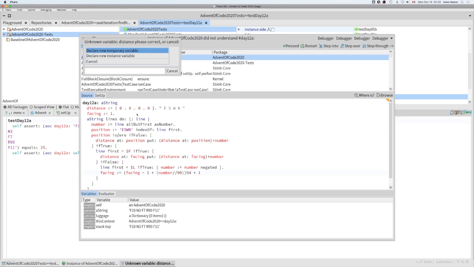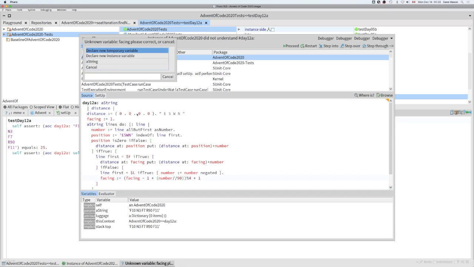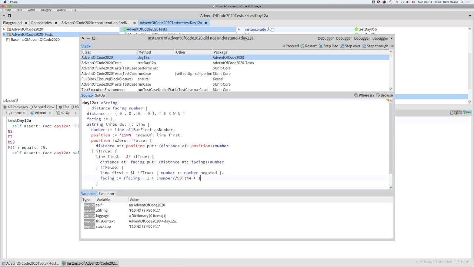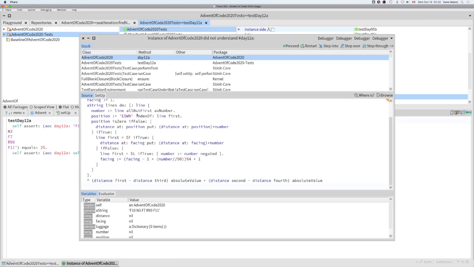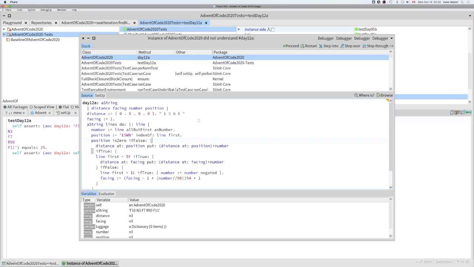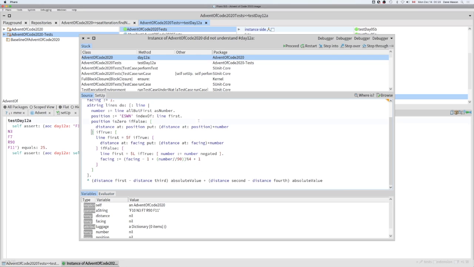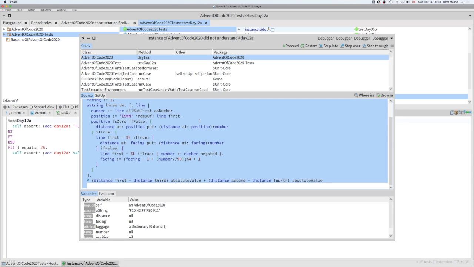So distance is a temporary, these are all temporaries. Save. And then let's just proceed.